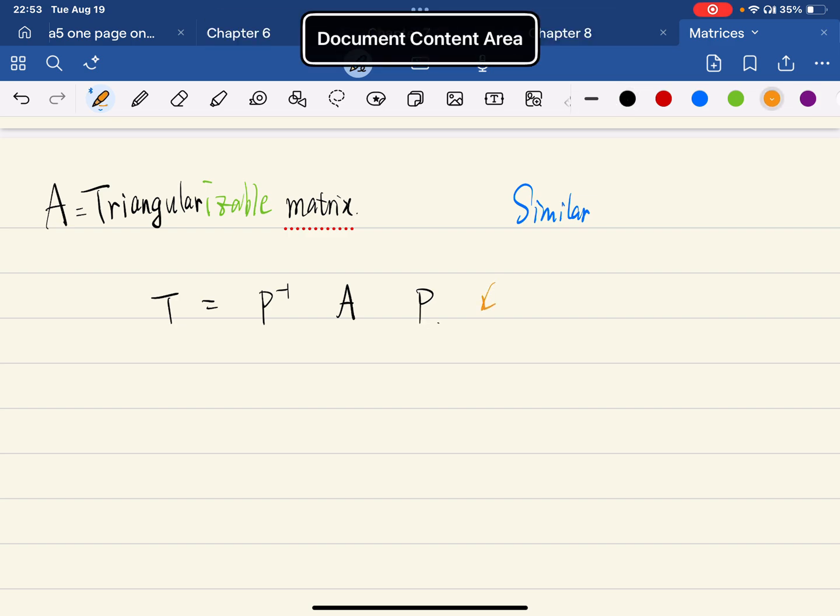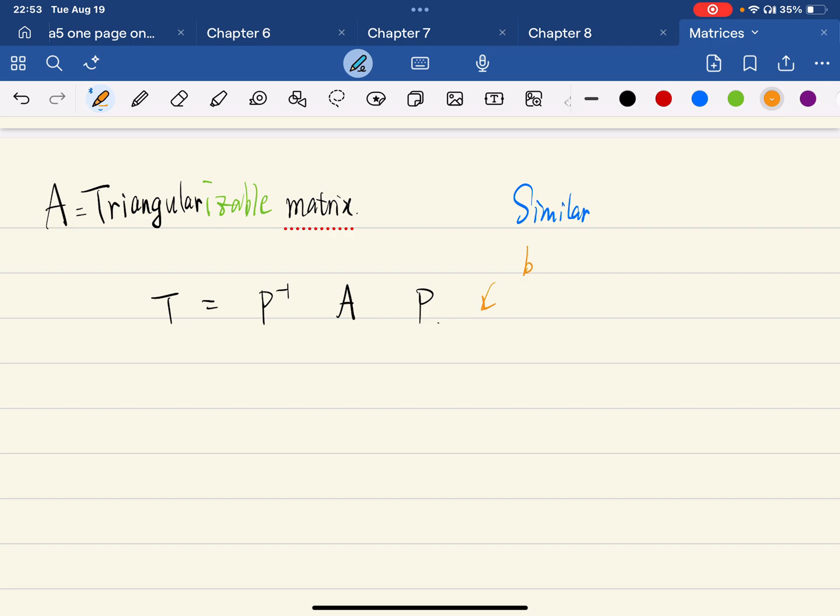P is the basis of generalized eigenvectors.